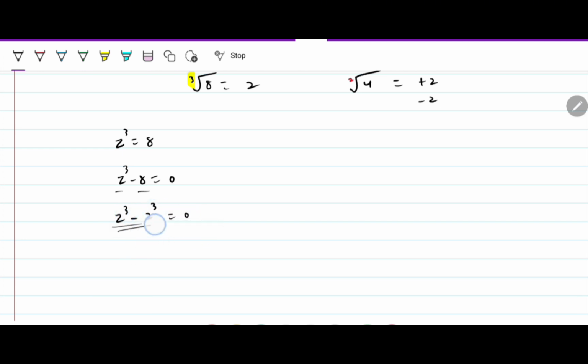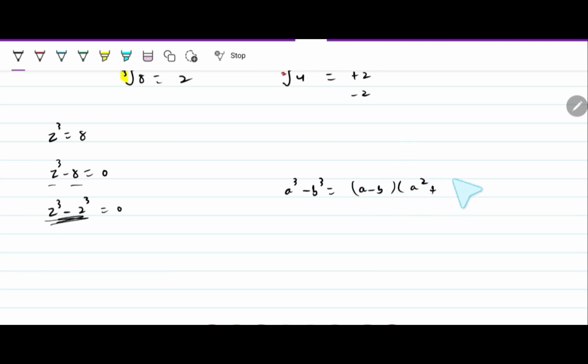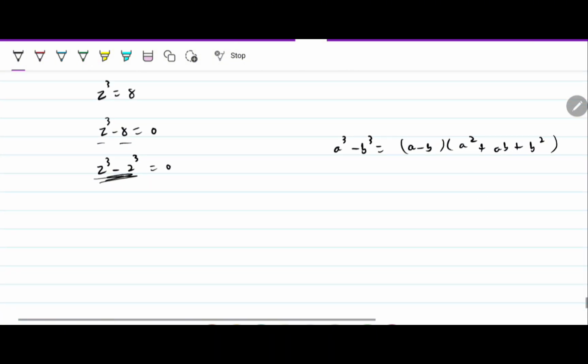How do I factorize the difference of 2 cubes? Remember, a cubed minus b cubed is equal to a minus b times a squared plus ab plus b squared. Right? Remember that. So I have z cubed minus 2 cubed is equal to a minus b, which is going to be z.